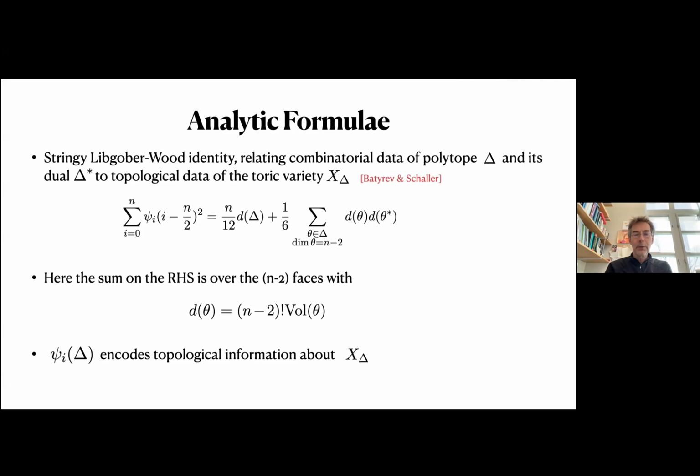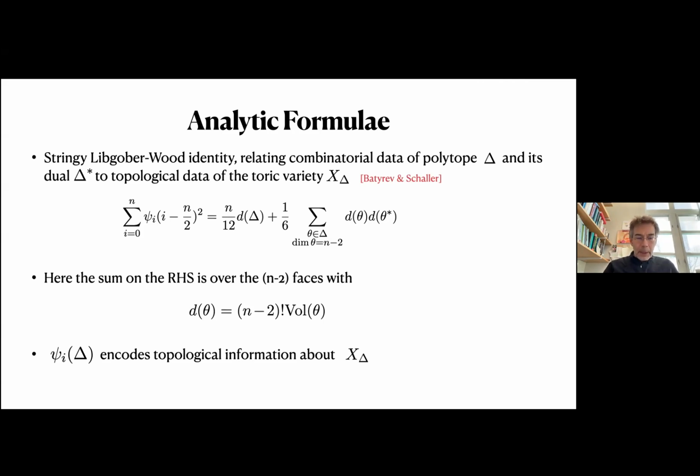The data of the polytope is given by the degree of the polytope and the degree of the particular phases, and the degree is essentially the volume of the polytope.